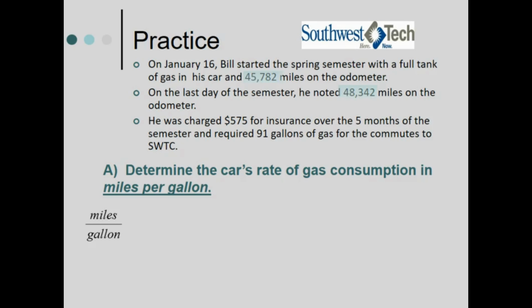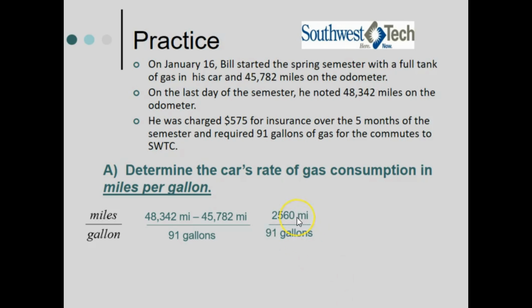We need to identify the units, and to determine the miles driven, we have the odometer readings to provide us that information. So we have a little preliminary step here involving a subtraction to determine the actual distance the car was driven during the semester. The gallons is 91 gallons of use for the commute.